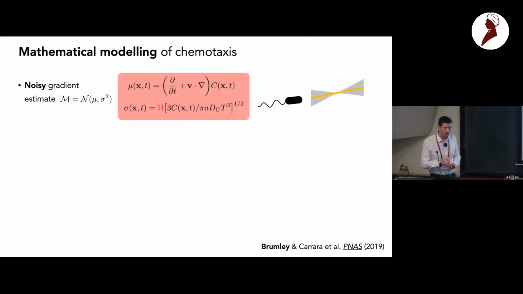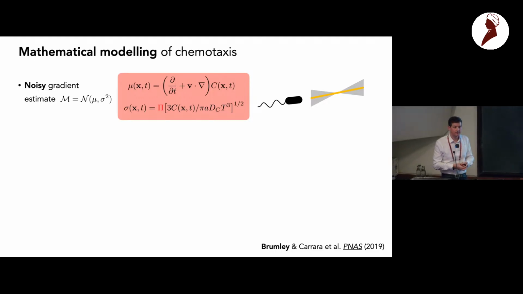Something that's really important at this scale is that the idea of chemotaxis, or responding to a chemical gradient, actually becomes a little bit more difficult, because cells do not see a smooth differentiable gradient. This is a very stochastic process. The individual molecular encounters associated with this gradient become important, and fluctuations in that give rise to actual uncertainty in the gradient estimate.